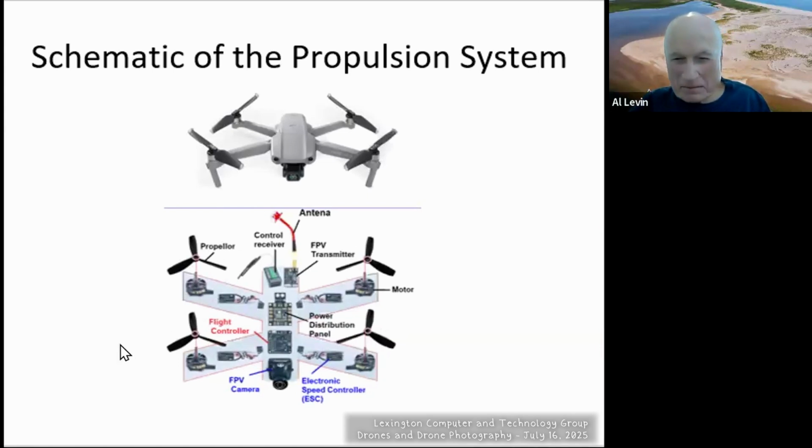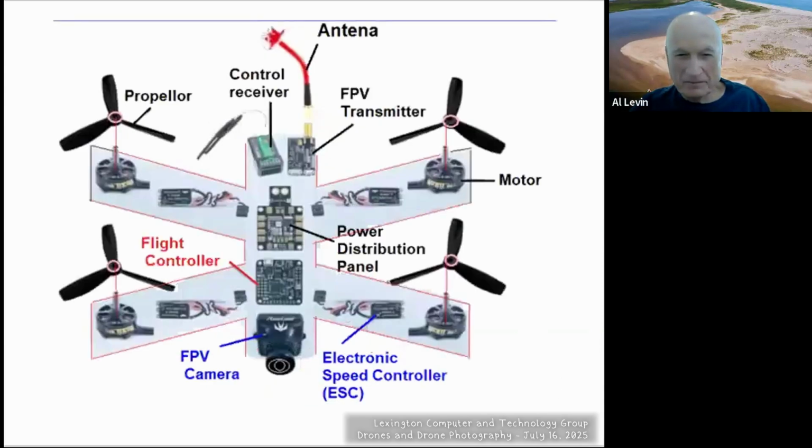Well, let's look at a schematic that shows what I've just described, and you can see the relation of the schematic to the real object. We have the propellers that are rotating. They're being driven by the motors or rotors. The speed of rotation is controlled by the electronic speed controller.